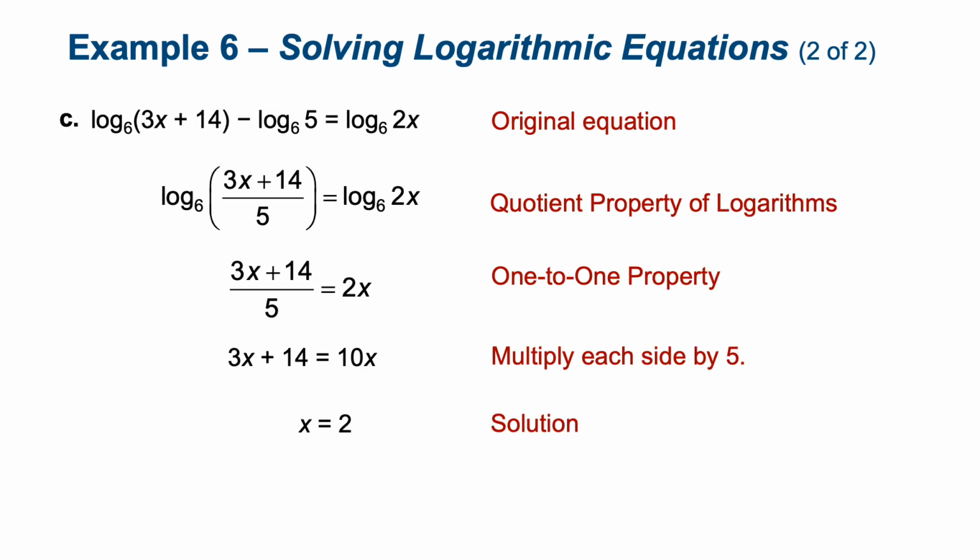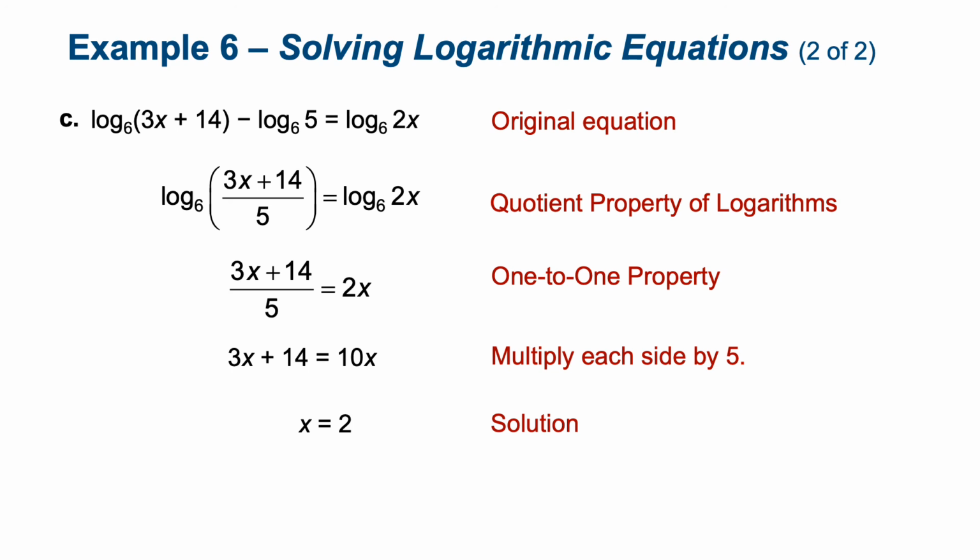Okay, and then finally, let's see this one. We have log base 6 of 3x plus 14 minus log base 6 of 5 is equal to log base 6 of 2x. Using the properties of logarithms, I can condense the left-hand side to log base 6 of the quotient 3x plus 14 over 5. On the right-hand side, I get log base 6 of 2x.